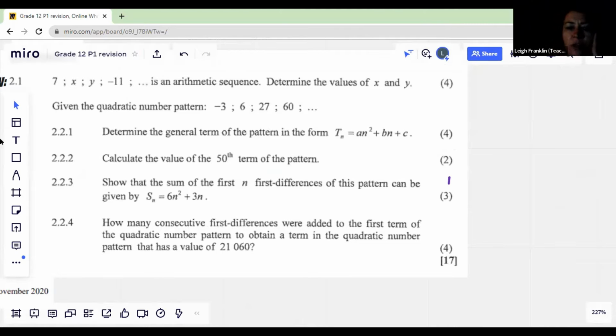Okay. So now let's look at this question. We wanted a more difficult one. Show that the sum of the first n differences of this pattern can be given by Sn equals 6n squared plus 3n. Okay, what are we going to do now, Matric?